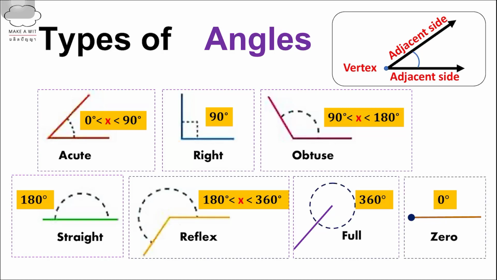Alright, now let's try to remember this, okay? So how many types of angle did we learn here? 7, very good. 7 types of angle. First one is called acute angle, right angle, obtuse angle, straight angle, reflex angle, full angle, zero angle.